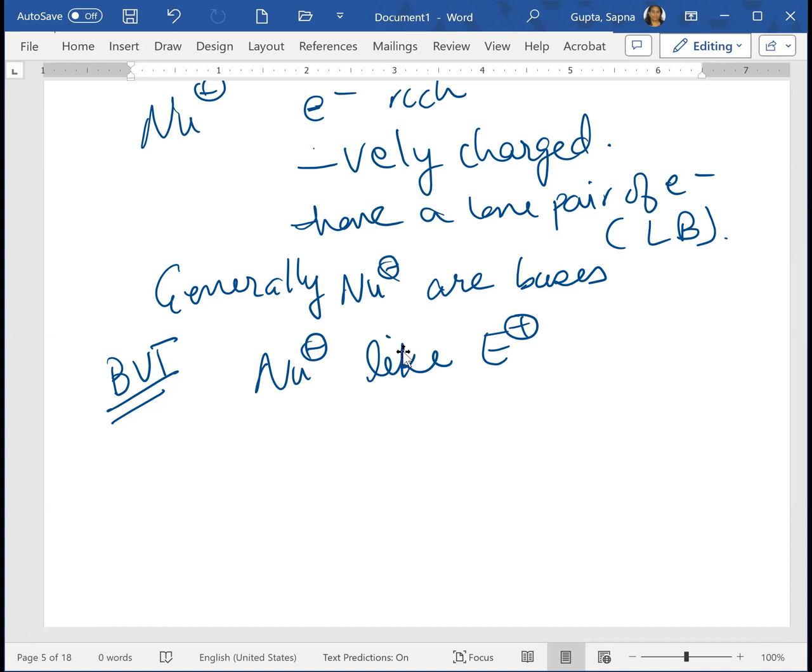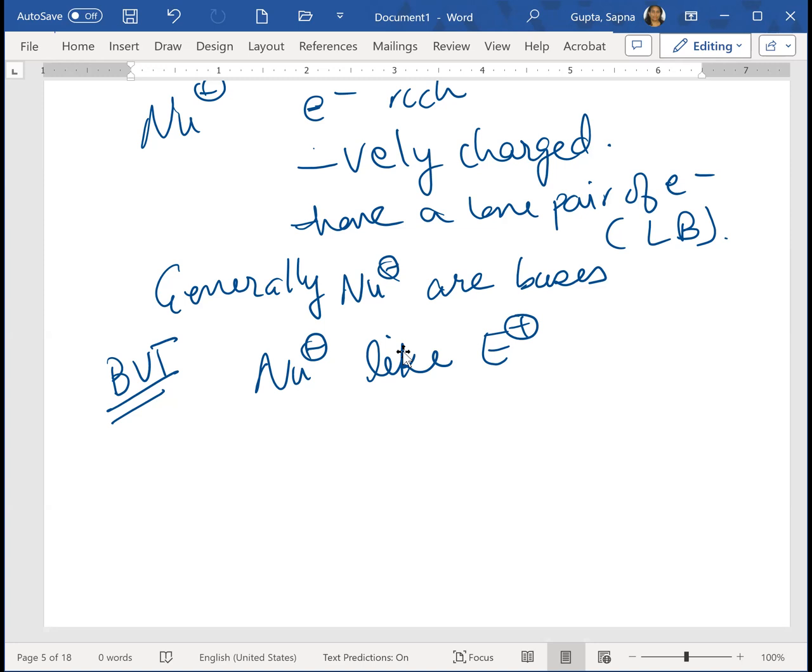When we were defining acids and bases, acids are proton donors and bases are proton acceptors. Nucleophiles are not proton acceptors. They don't really care about a proton. Nucleophiles only care about the electrophile. Where is my positive charge? That positive charge can happen to be H+, that's fine, but it doesn't care if it isn't.